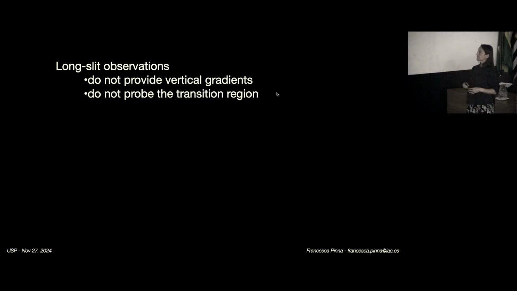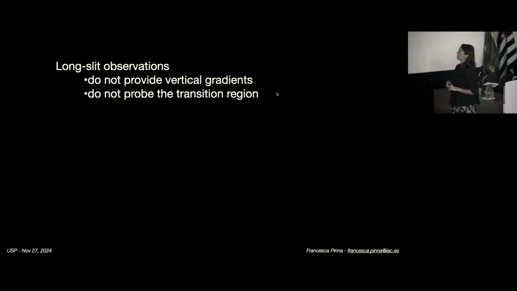So this was very nice, but of course long slit observations could not provide the vertical gradients, because in most studies we only had two slits. And vertical gradients are very important to understand which one of the scenarios is the most plausible.